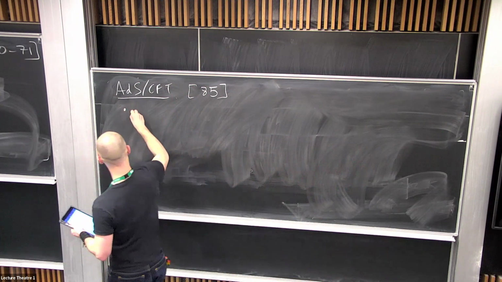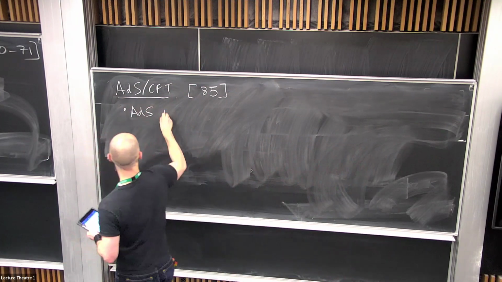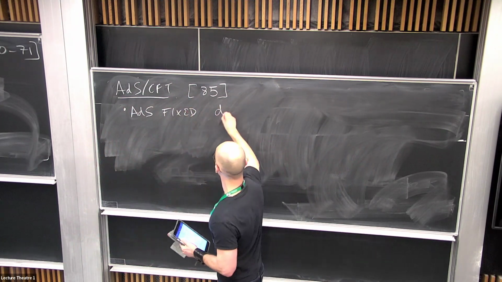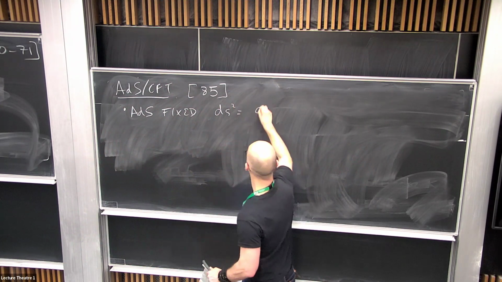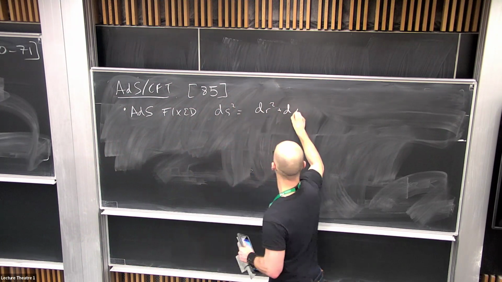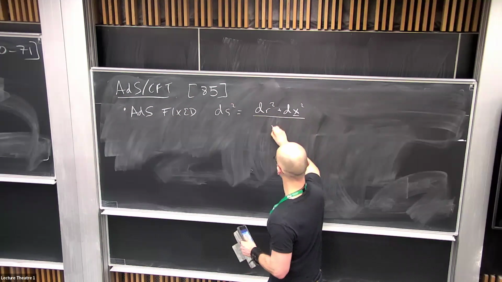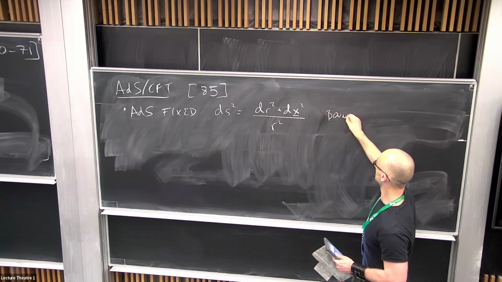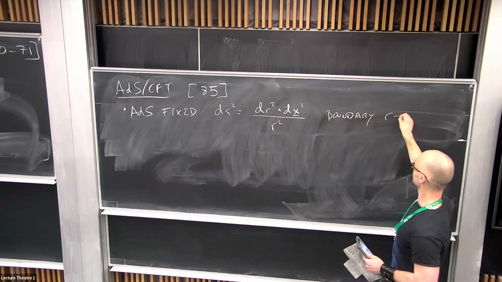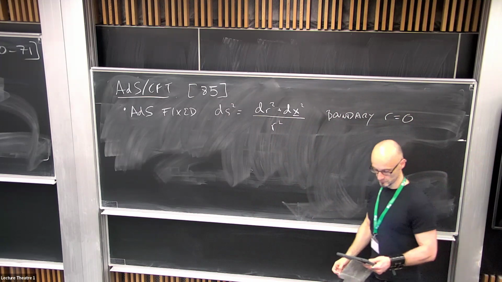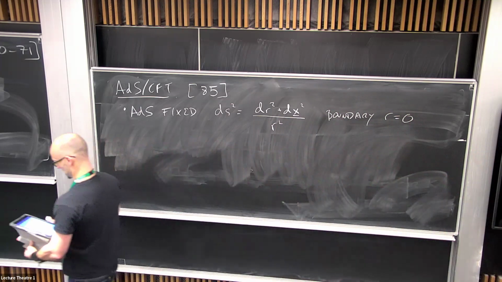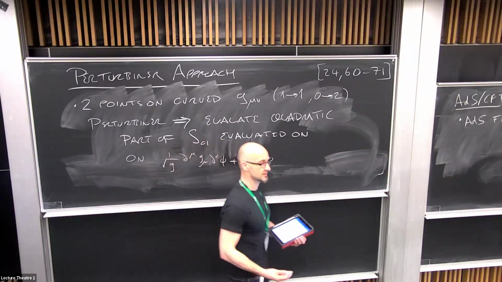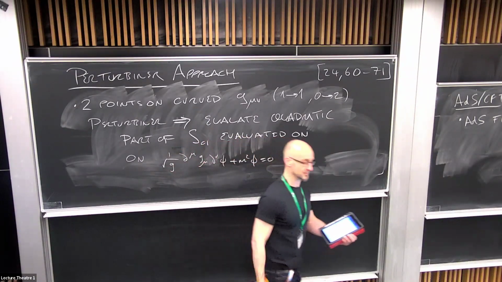Imagine I've got scalars on AdS, some fixed background, with metric ds² = (dr² + dx²)/r², with the boundary at r = 0. What we usually mean by a 2-point amplitude in AdS is a boundary-to-boundary correlator, for example.